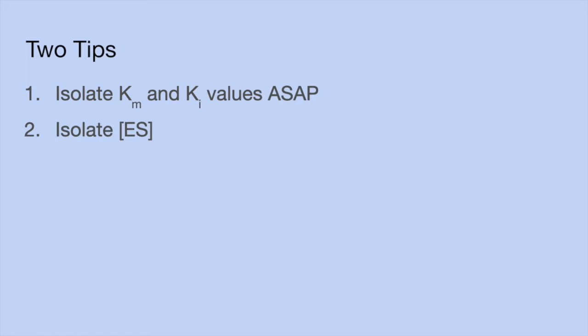This is because, as we saw in our last derivation, our goal with these equations is to represent the rate of product formation in terms of enzyme concentration, substrate concentration, and the Michaelis constant and inhibitor constant. So our goal should be to always try and isolate the enzyme substrate concentration in terms of these four terms.